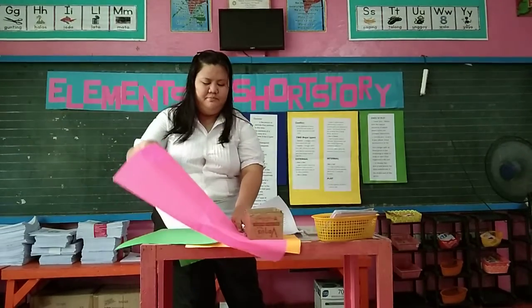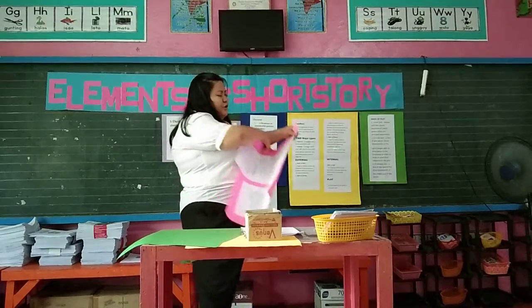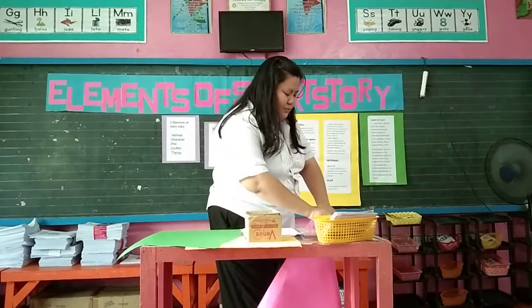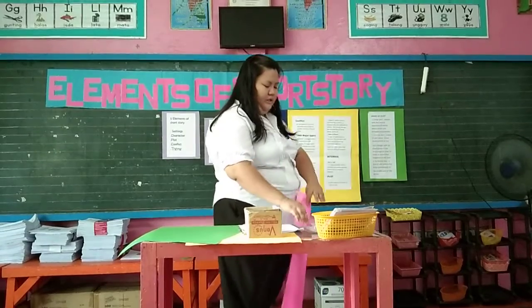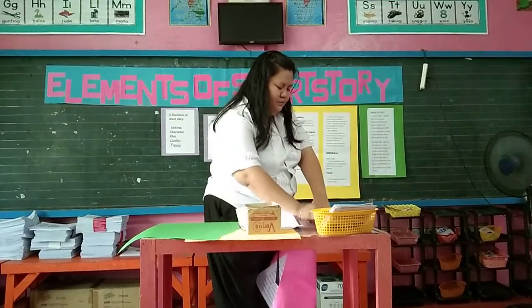The second to the last element of short story is our point of view. For you, class, what is point of view? Do you have any idea of what point of view is?